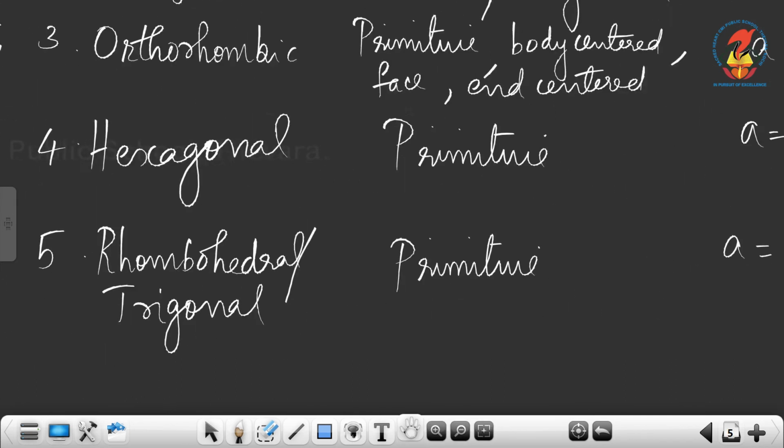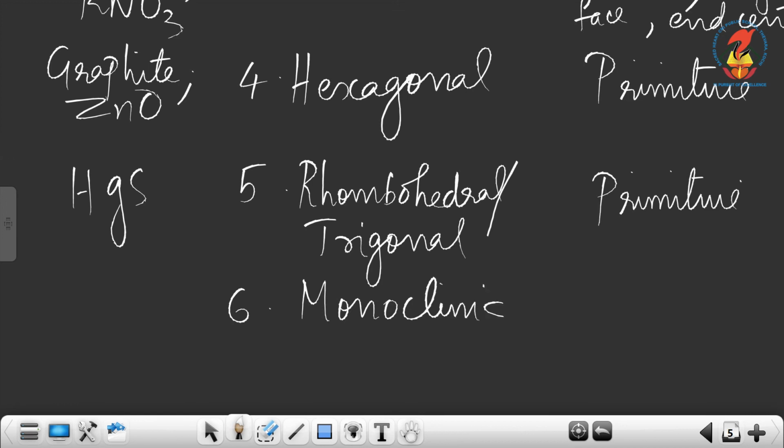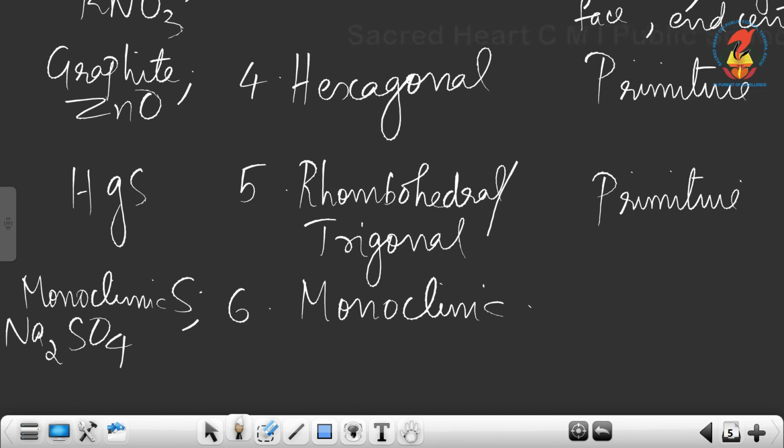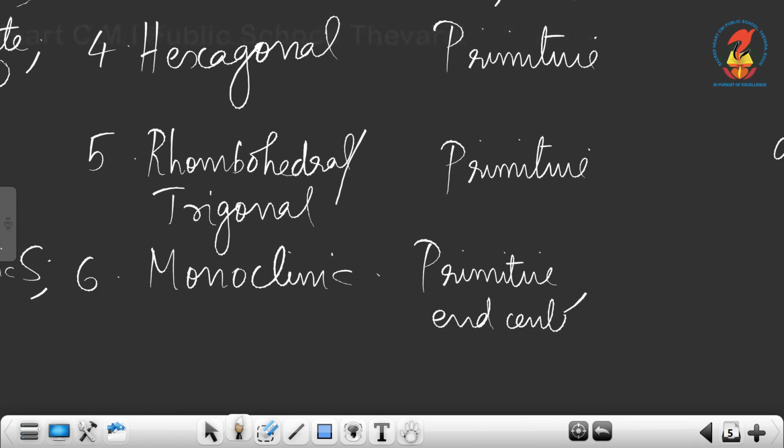Now number 6, the 6th type of crystal class is monoclinic. An example is monoclinic sulfur and also sodium sulfate. Now the type of lattice present is primitive and end-centered.